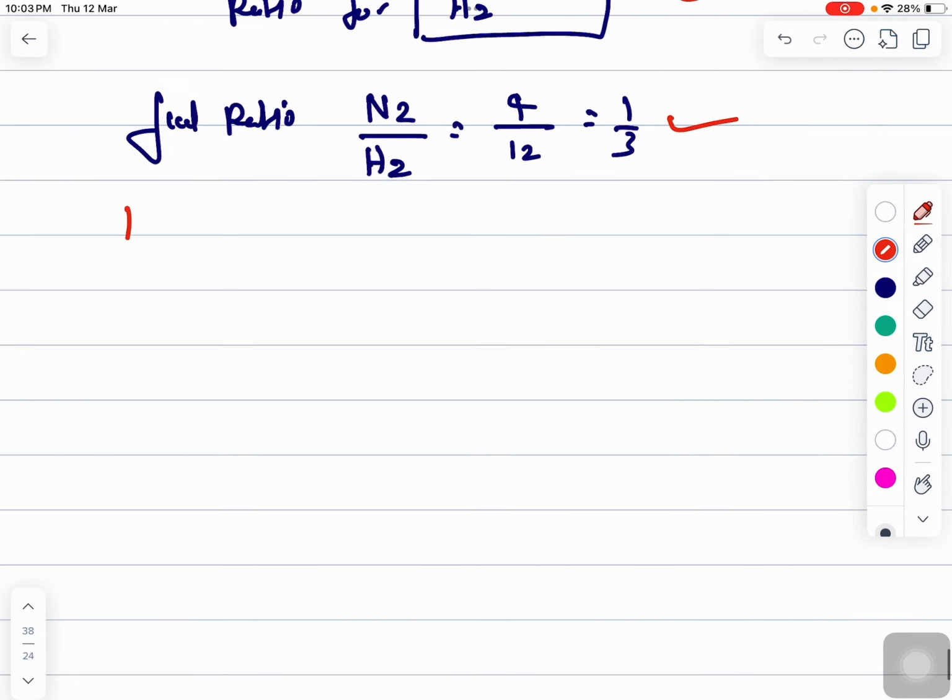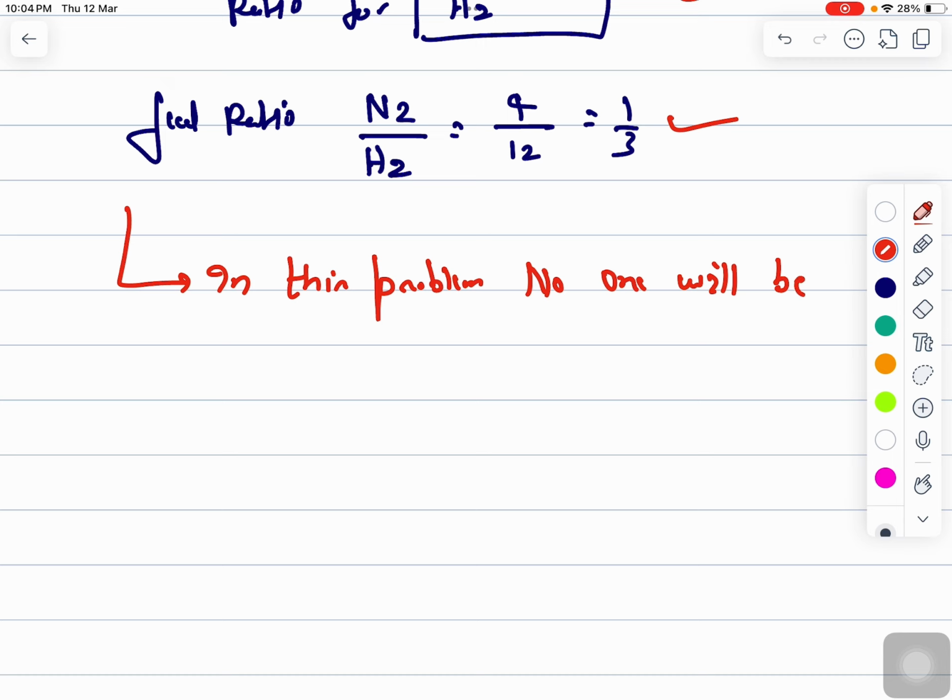So in this problem, no one will be the excess or limiting reactant, right?